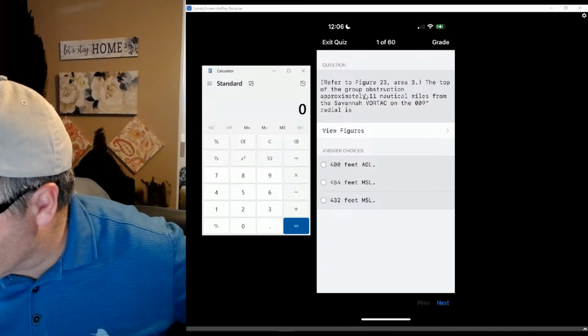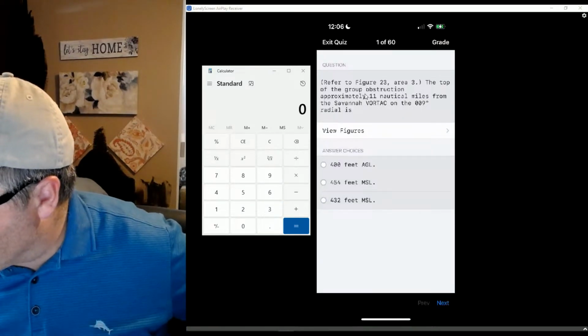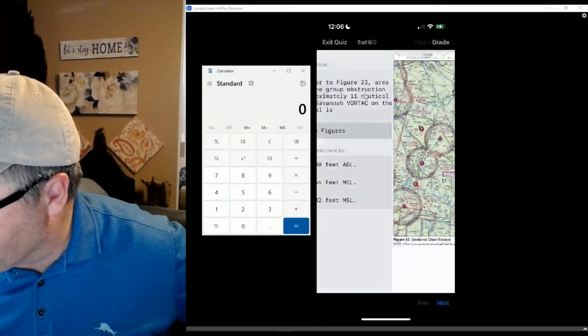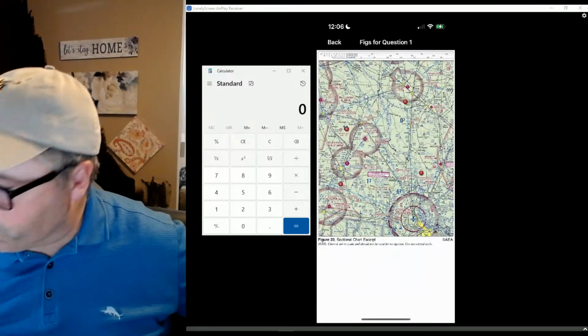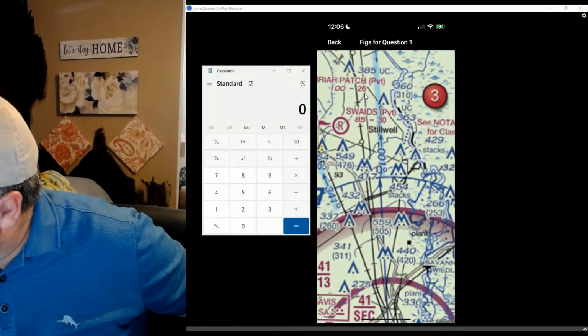Okay. They give us three options: 400 feet AGL, 432 feet MSL, or 454 feet MSL. Be very careful of those numbers because they will try to trick you with that. The group obstruction. Okay. Looks like that one to me.